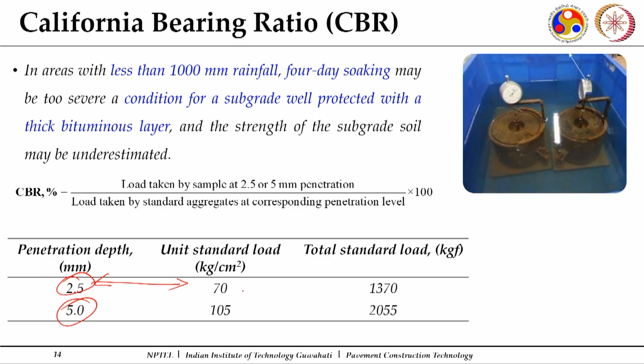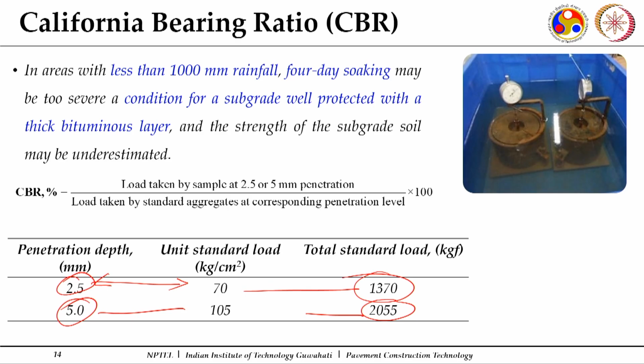So, you will prefer to choose this one, and what you get from the load penetration curve is divided by the standard load. This standard load is 1370 for 2.5 mm penetration, and for 5 mm penetration, this standard load is 2055.